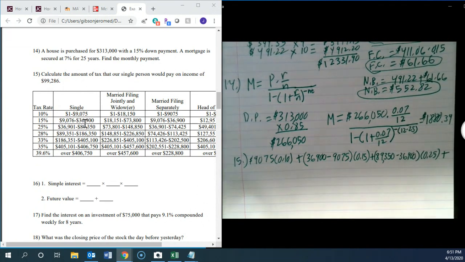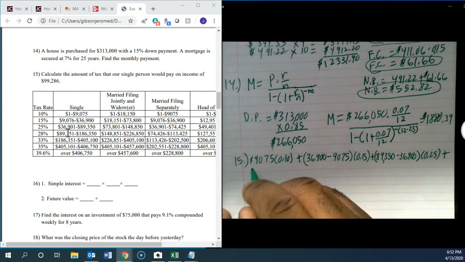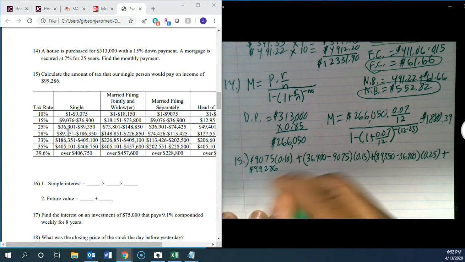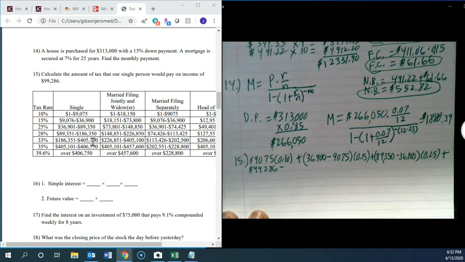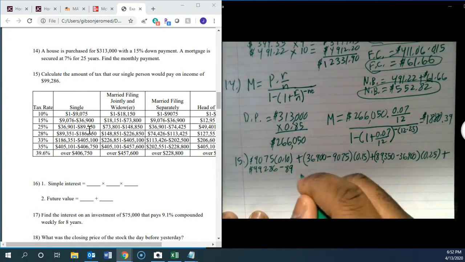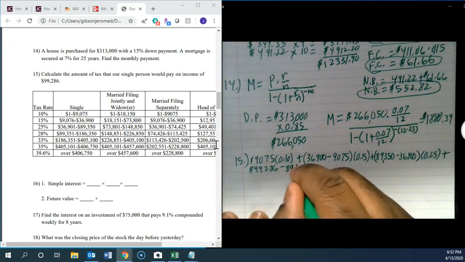Now for the last portion of this, 99,286 is not the largest amount in the 28% tax bracket. So we still will write out that $99,286, and we will subtract the largest amount from the 25% bracket, which is $89,350.